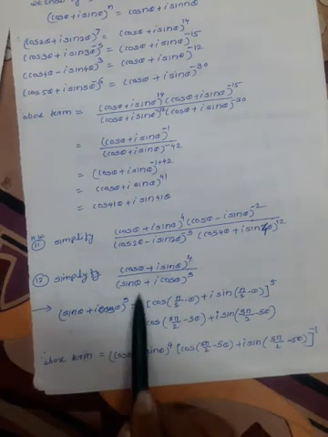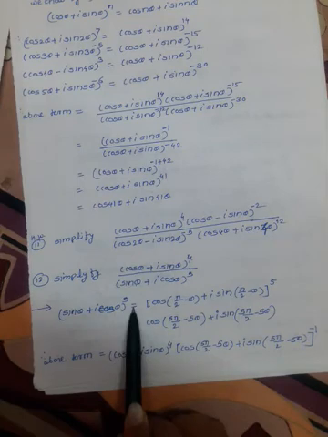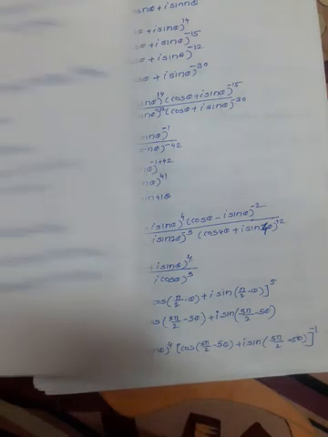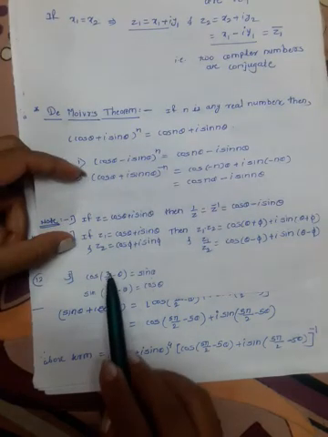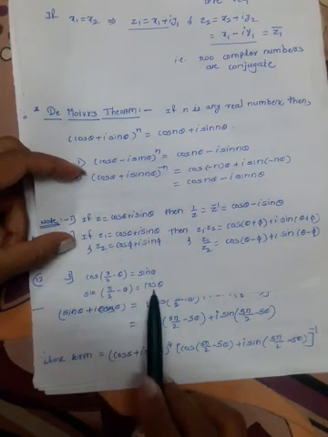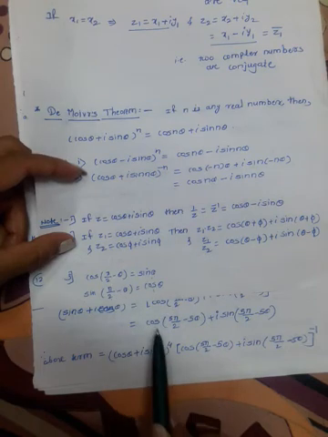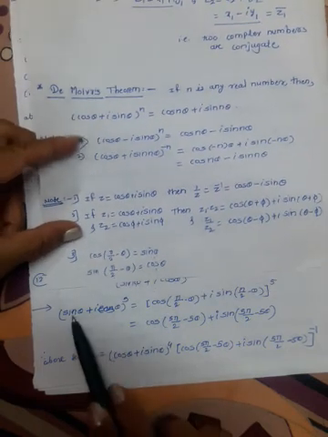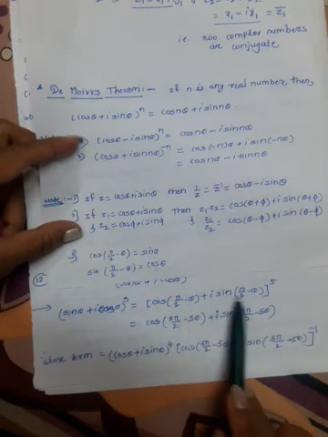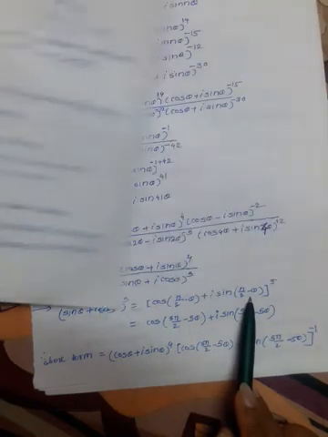Sin theta plus i cos theta raised to 5 is equal to, we know one more result: cos of pi by 2 minus theta is sin theta, and sin of pi by 2 minus theta is cos theta. That's why we have to use this identity here. It becomes sin theta is cos of pi by 2 minus theta and cos theta is sin of pi by 2 minus theta. Here we have to place this identity.